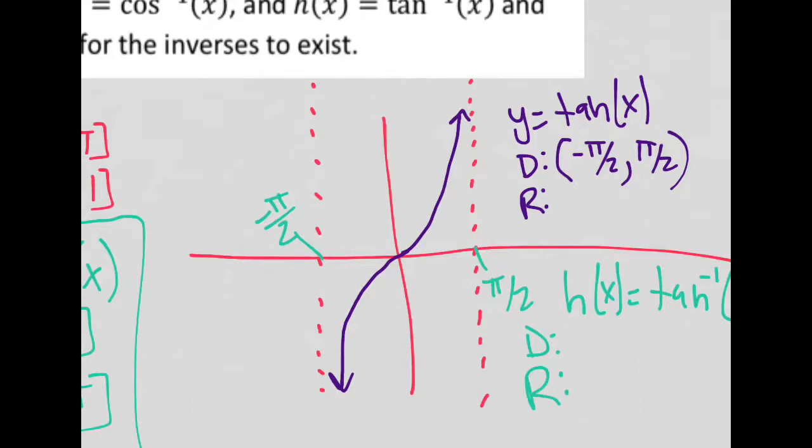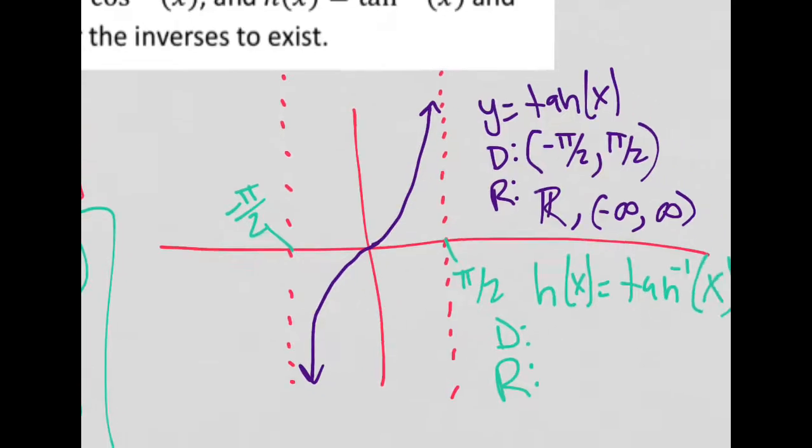And then the range will actually be all real numbers, or if you prefer, negative infinity to positive infinity, because the graph is shooting off towards those asymptotes, towards positive infinity when it approaches pi over 2, and negative infinity as it approaches negative pi over 2.